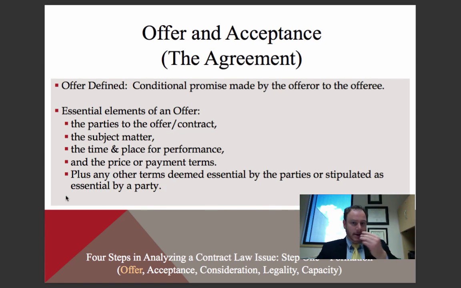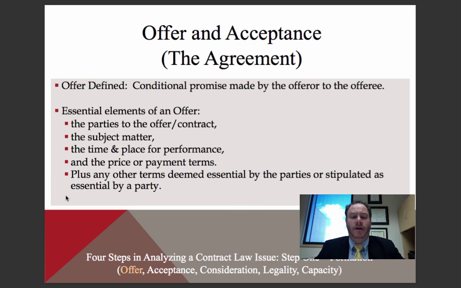Okay, so offer and acceptance. An offer is defined as a promise that's made conditionally by the offeror to the offeree. The offeror is the one making the promise, and the offeree is the one who has the ability to accept the offer by saying either yes or no, or I accept or I reject.